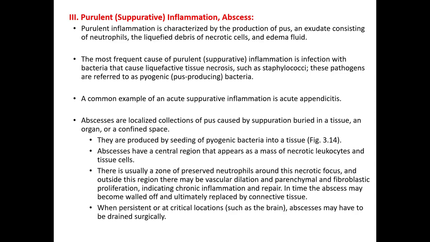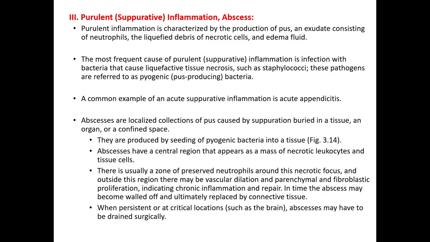There is usually a zone of preserved neutrophils around this necrotic focus, and outside this region there may be vascular dilation, parenchymal and fibroblastic proliferation indicating chronic inflammation and repair. That means the body tries to repair this damage. In time the abscess may become walled off and ultimately replaced by connective tissue.